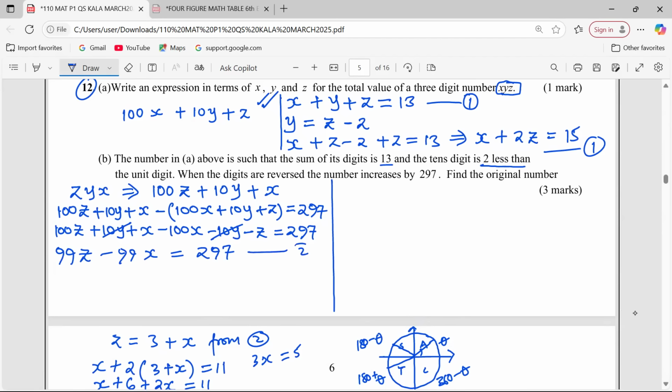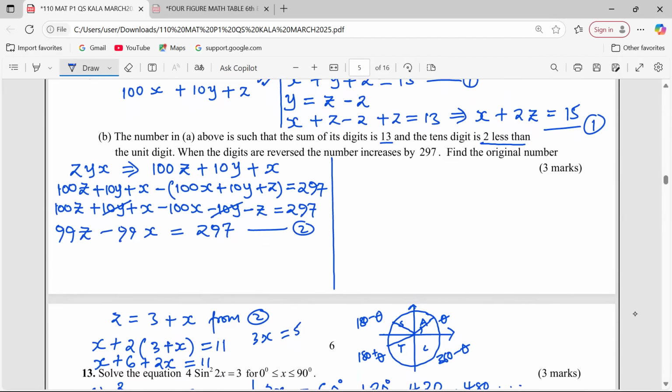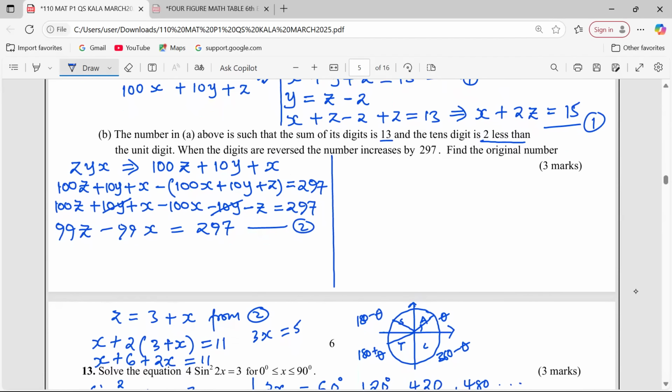This is equation 2, but it can be further simplified because 99 can divide through: z minus x equals 297 divided by 99, which is 3. So this is simplified equation 2.